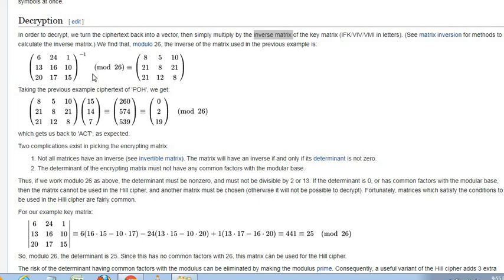After that, we take mod 26, and the resulting values will be multiplied with the ciphertext. After multiplying, we get some value, and after taking mod 26 of these values, that term will be the plain text, the pure plain text.